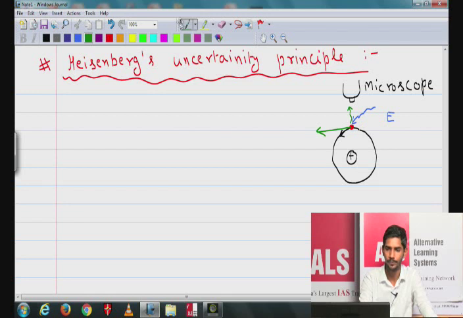Now, he derived a relation, but first of all, let us write down its statement.